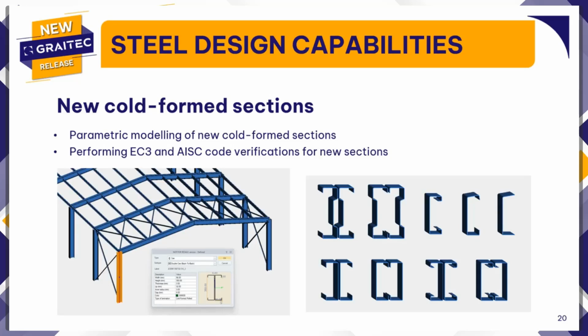New types of C profiles, including ones with the slanted top flange, usually used for modeling purlins. And there are also new double C profiles with one fold or with two folds. All such new sections can now be modeled, of course, parametrically.